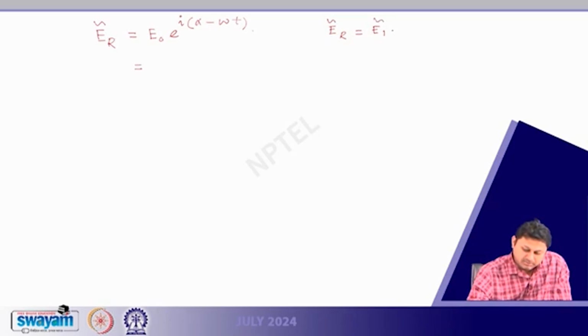So ER tilde is essentially E1 tilde plus E2 tilde if there are two waves, but I can generalize that by adding more and more waves.